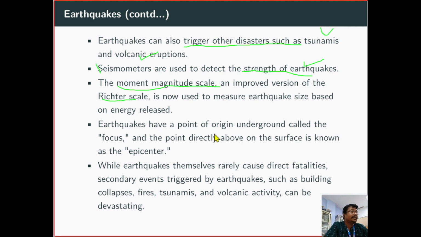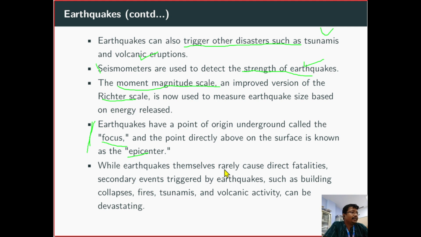Earthquakes have a point of origin below the ground that we call the focus, and there is a point directly above it on the surface that we call the epicenter. So this is all about the basic terms used in earthquakes, right? The focus is below the ground from where the vibration starts, and the epicenter is the top surface of the earth where it propagates and touches, right?